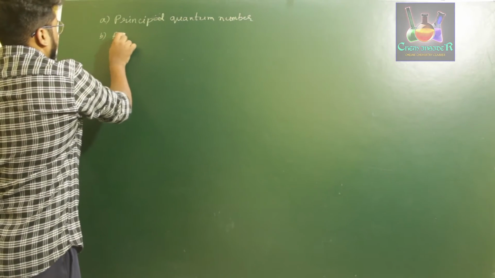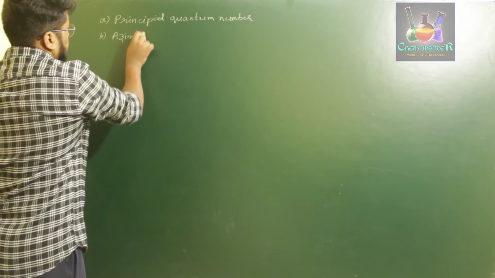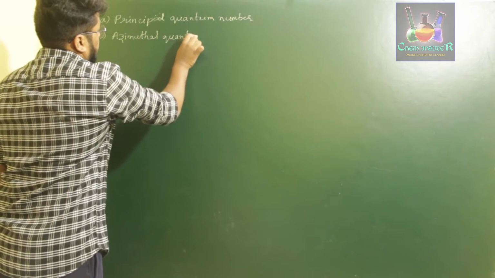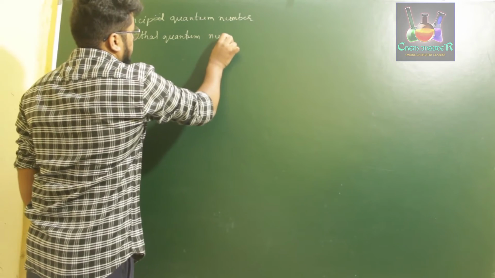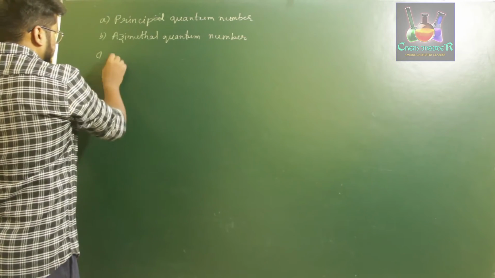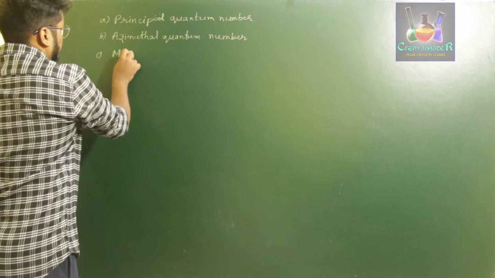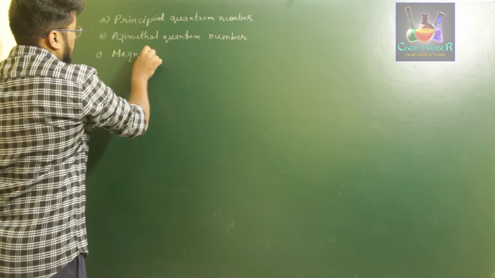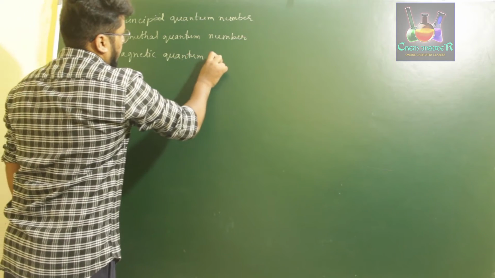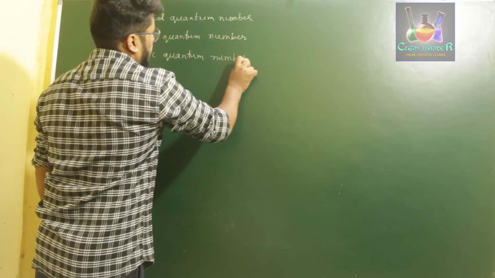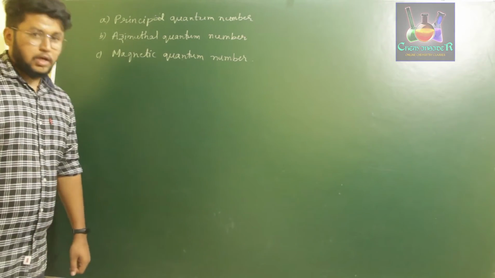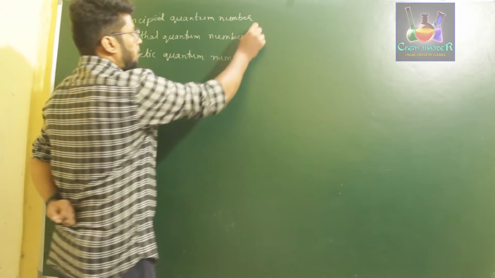Second, the azimuthal quantum number. Third, the magnetic quantum number.